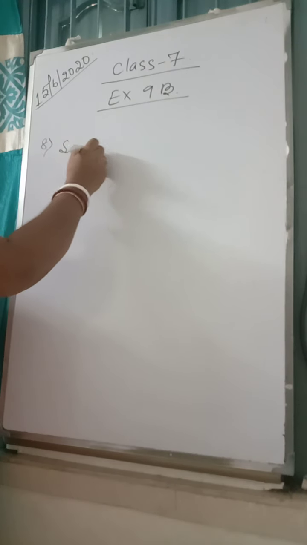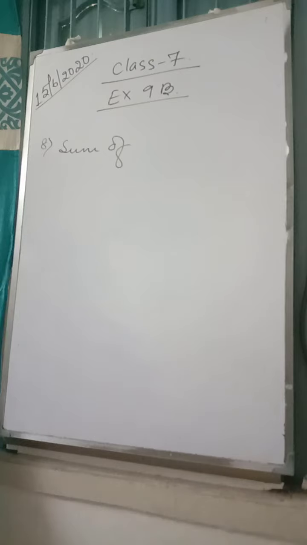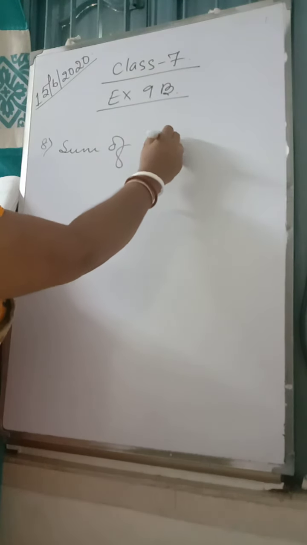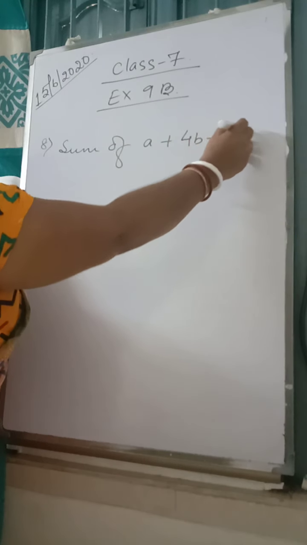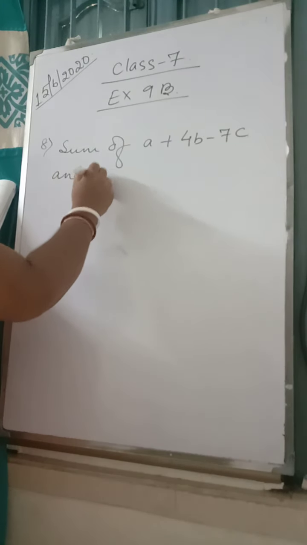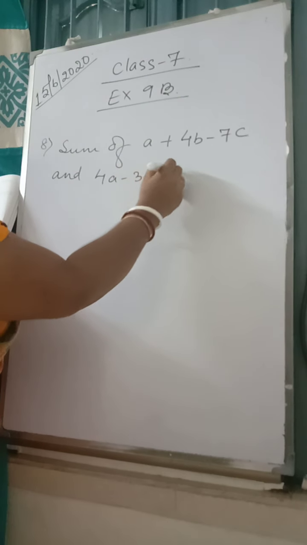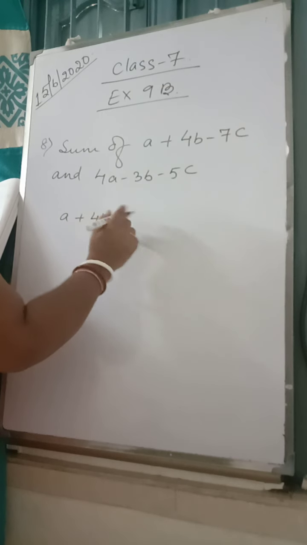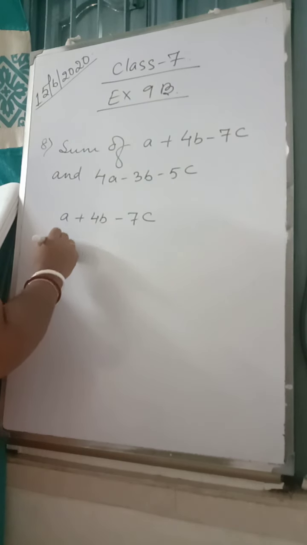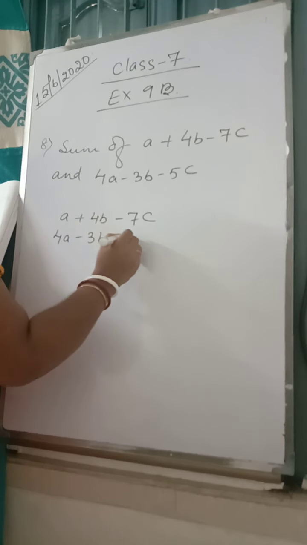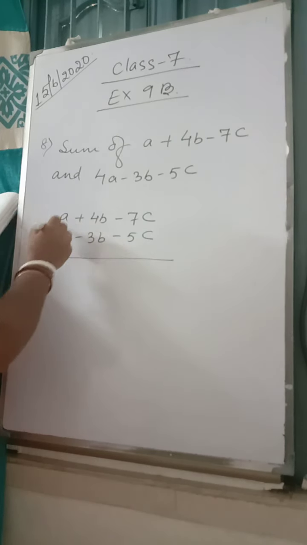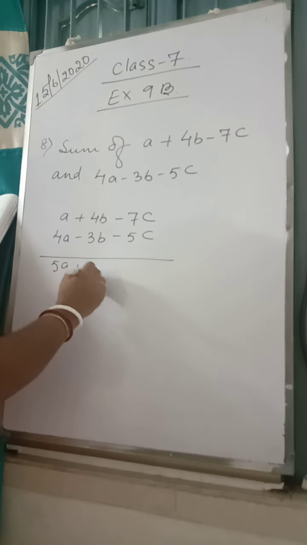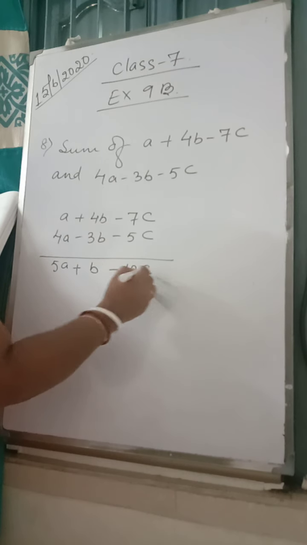We'll find the sum of a plus 4b minus 7c and 4a minus 3b minus 5c. So we'll add this. a plus 4a, 5a; plus 4 minus 3, so plus b; minus 12c.